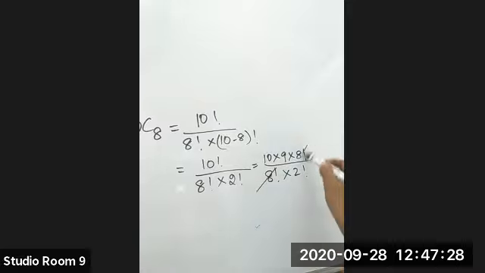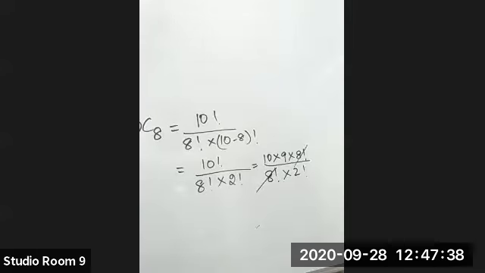So 8 factorial will get cancelled. 2 factorial is 2. So what is the final answer? It is 45. Yes. What about the others?